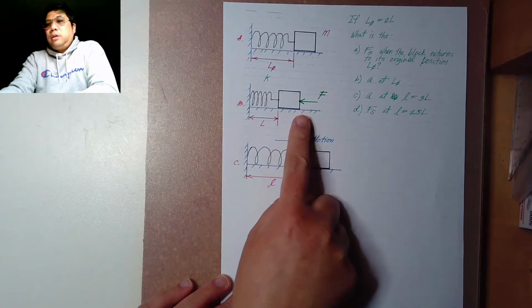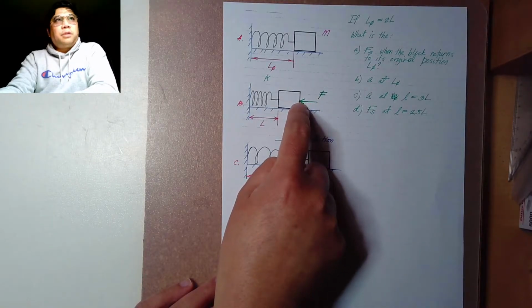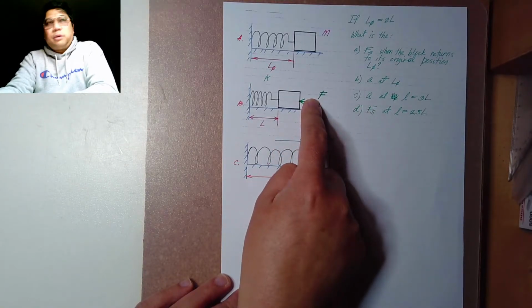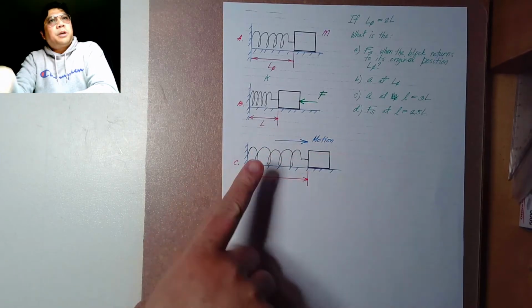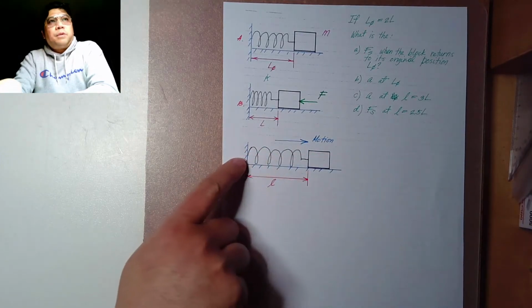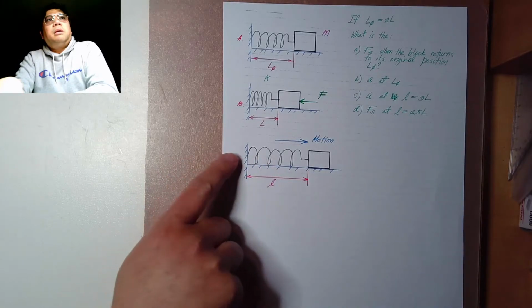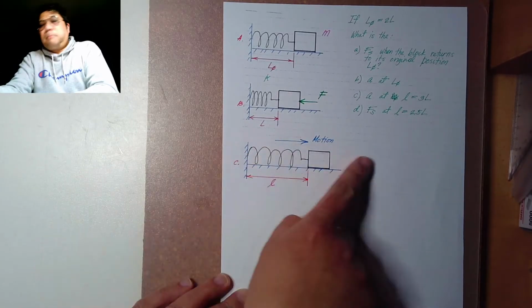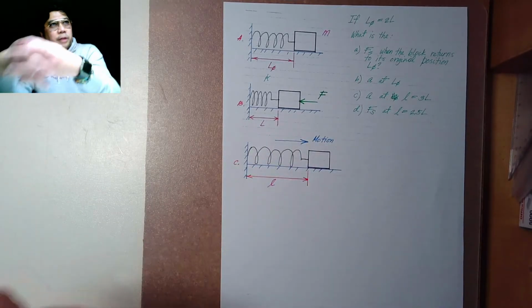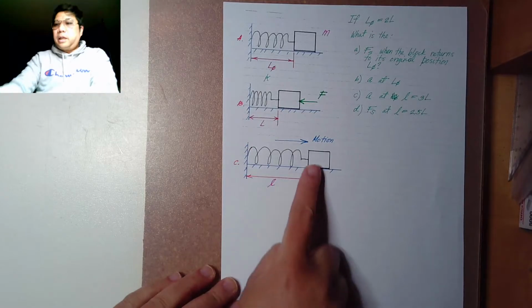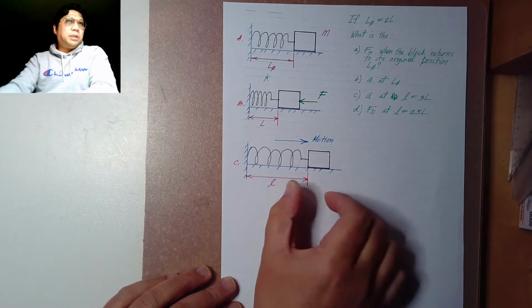Then you let go of the block, removing the force that you apply. Once you let go, because of the spring force, the spring will push the block to the right up to a certain point. That point is what we call the maximum distance it travels.